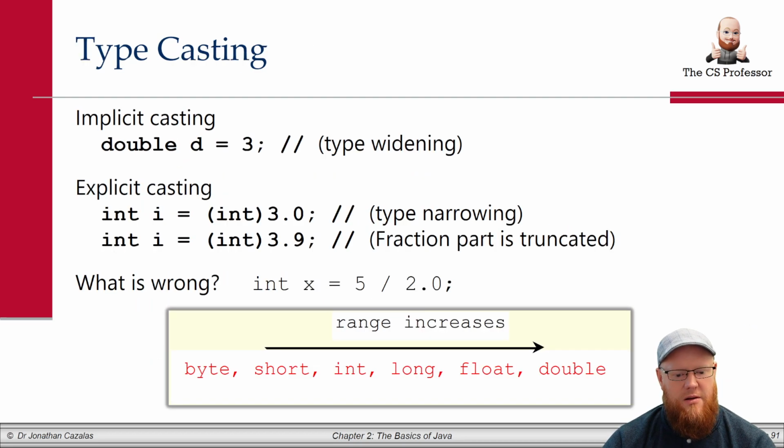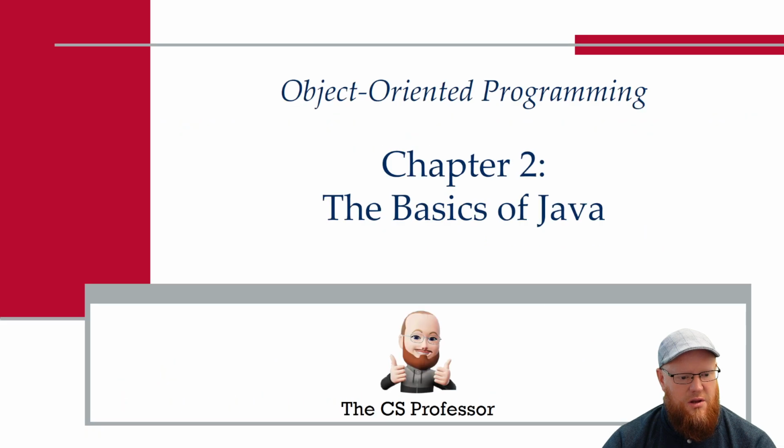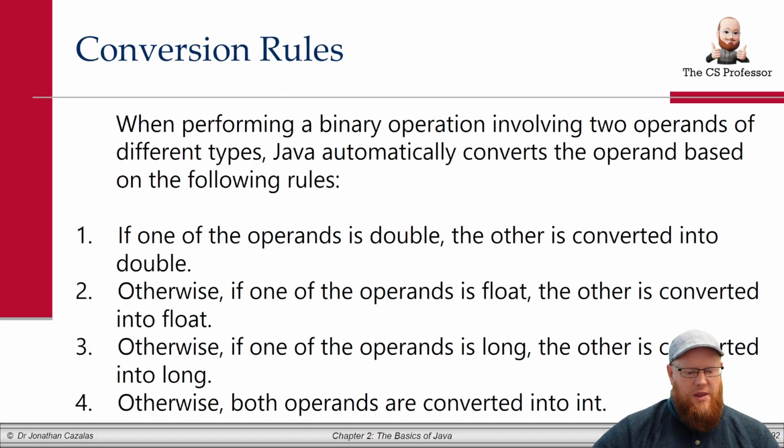That is our numeric type conversions, and we're ending with conversion rules. So when we're performing a binary operation, going back to division, involving two operands, Java will automatically convert the operands based on the following rules.